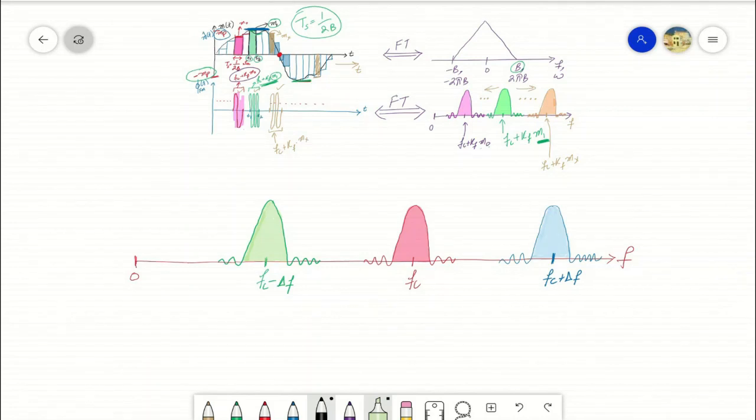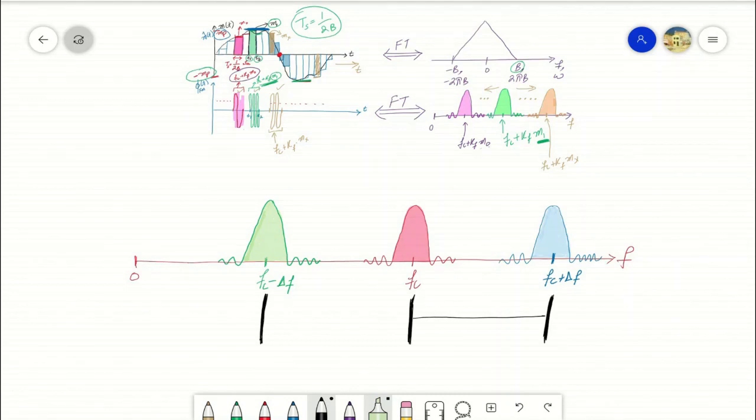From this frequency domain plot, we can conduct the bandwidth analysis of wideband frequency and phase modulated signals. That is, the lowest frequency, for the negative peak amplitudes of the information signal, is observed as Fc minus delta f, and the maximum frequency of the modulated signal is observed for the instances where the positive peak amplitude of the information signal is observed, while exactly the carrier frequency of the modulated signal is observed for the time instances where the amplitude of the information signal is precisely equal to 0.